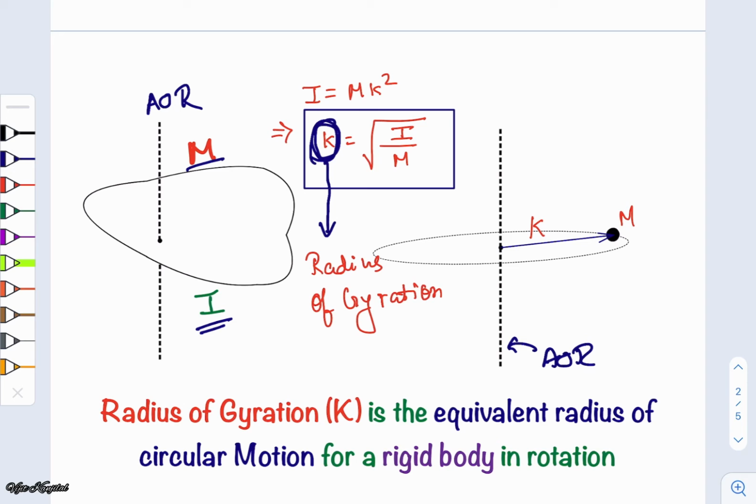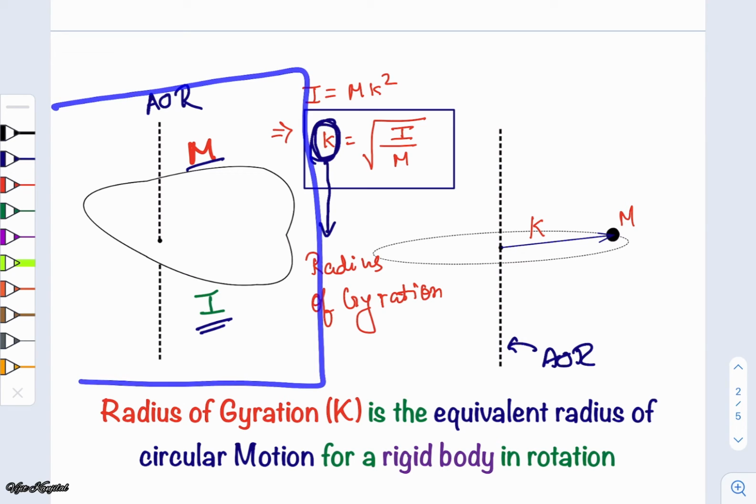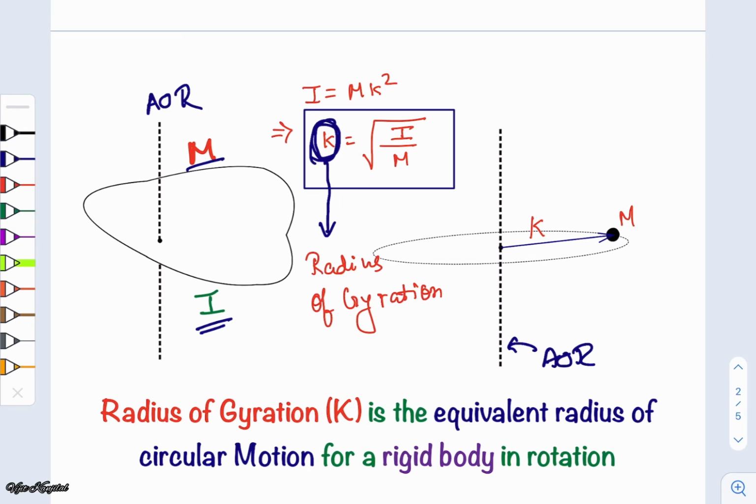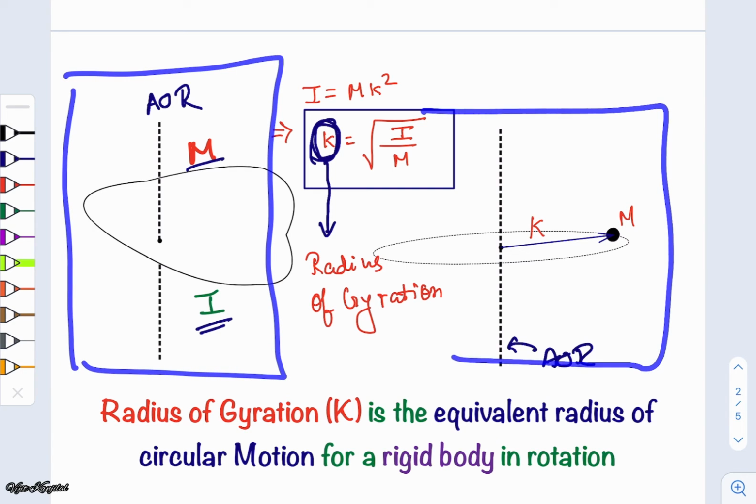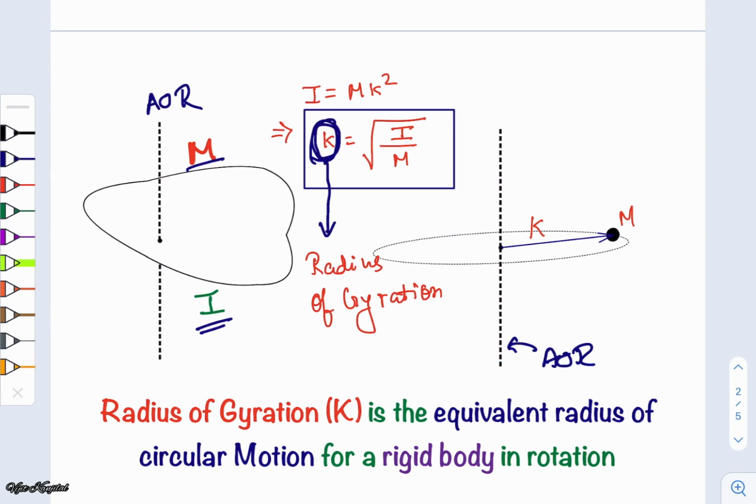If we reduce this system consisting of a rigid body, which is an extended body, to a point mass system where the mass of the point mass is the same, what should be the distance at which we place the point mass such that the moment of inertia of this new system is equal to the moment of inertia of this system?